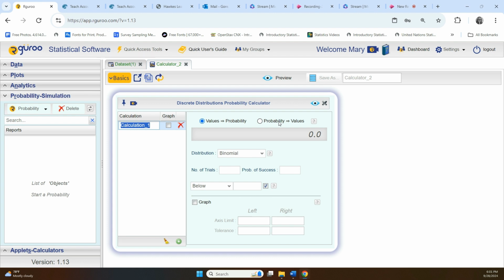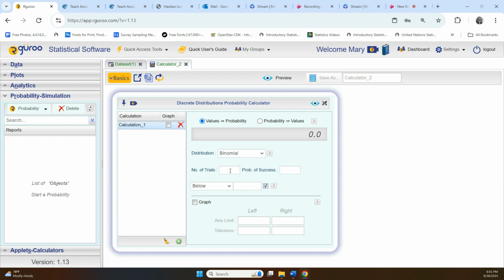The first thing we see here are 2 separate choices in the form of a bubble choice, and we're going to keep it where it is, where we're going to hand it the values of the random variables, and the calculator is going to give us probabilities in return. The default distribution is in fact binomial, so you don't need to change that.